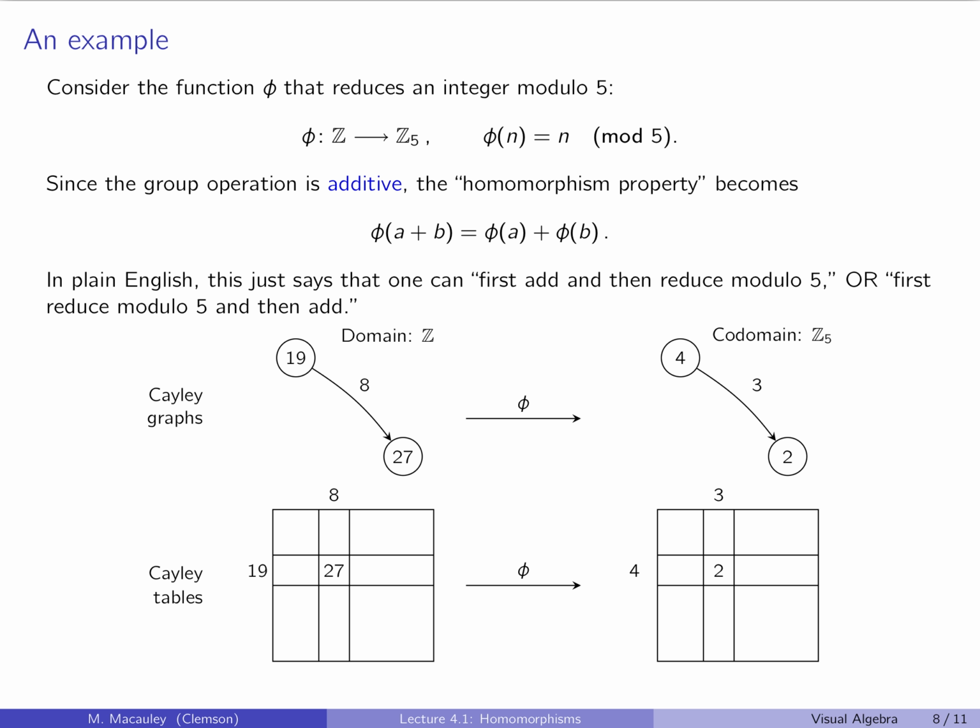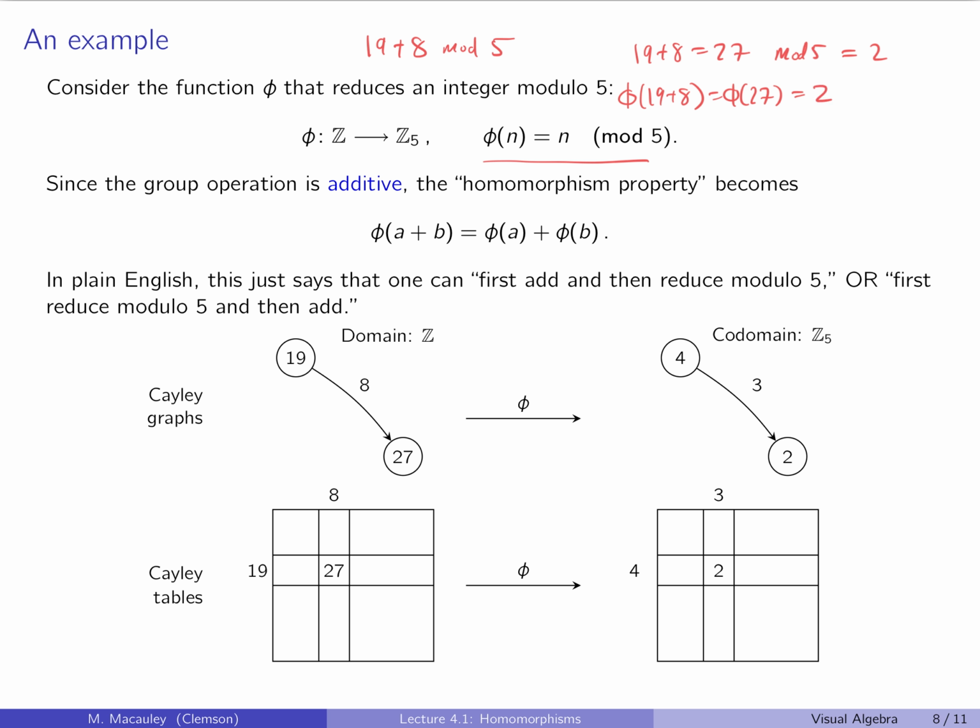For example, if I ask you to add 19 plus 8 mod 5, how would you do it? Well, I suspect that some people would take 19 plus 8, which is 27, mod 5, which is 2. And what they're really doing here is they're taking phi of 19 plus 8, which is phi of 27. And remember, we reduce mod 5, so that is just 2.